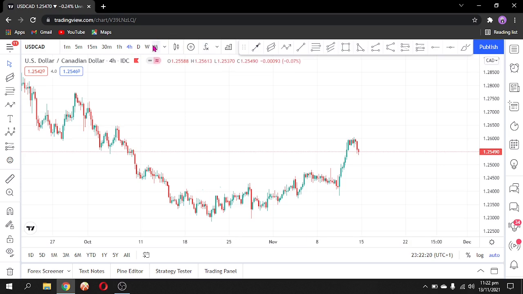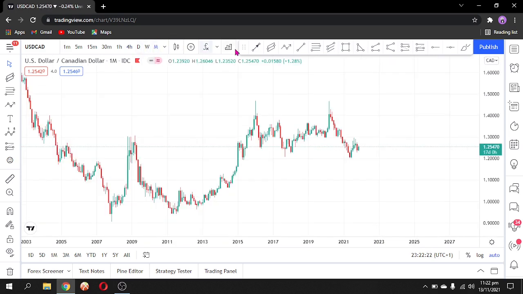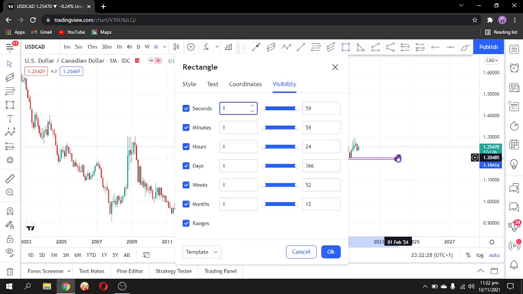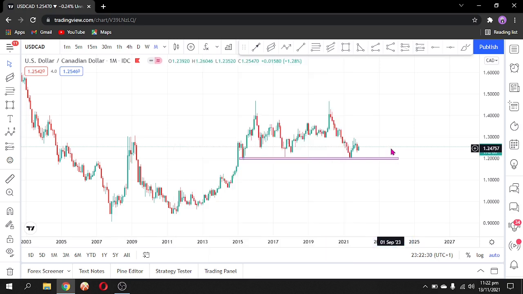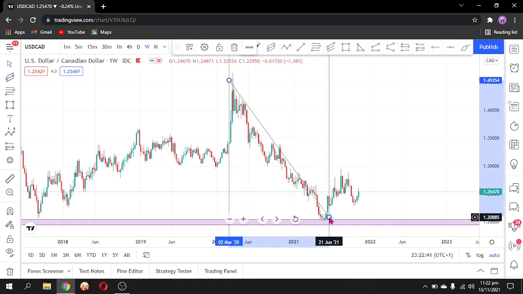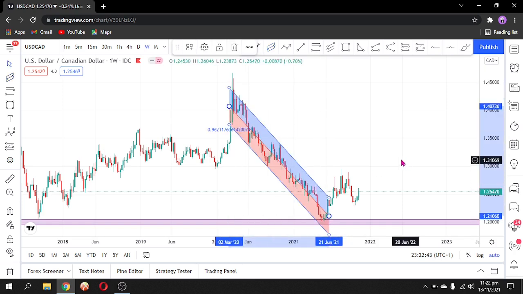We will first begin with the monthly time frame to get our major support and resistance zone. And if we go back to the weekly time frame, we will see that we have a bearish channel here.